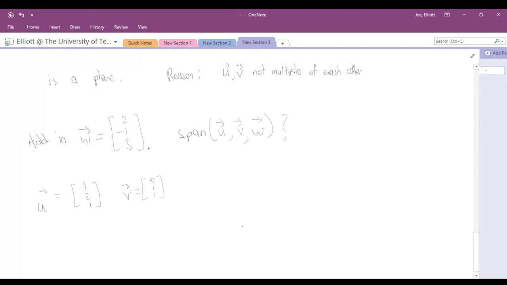We already saw that u and v should span a plane, so the picture will look something like this. What we want to do is figure out, is vector w inside of this plane?